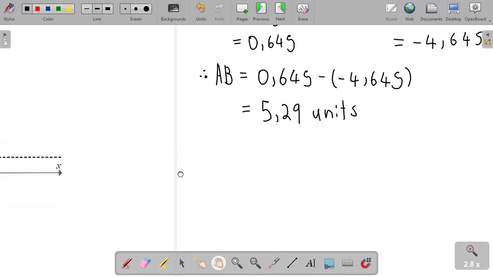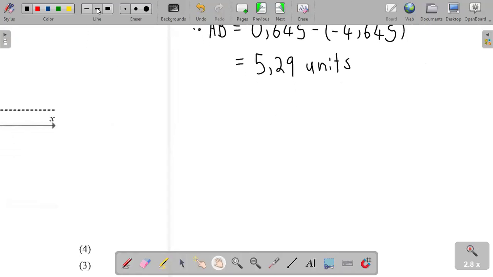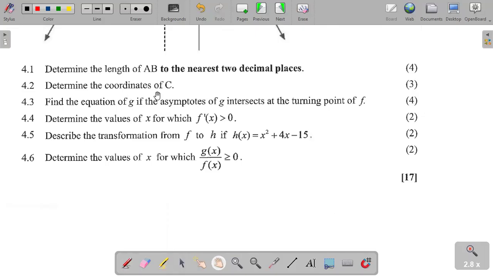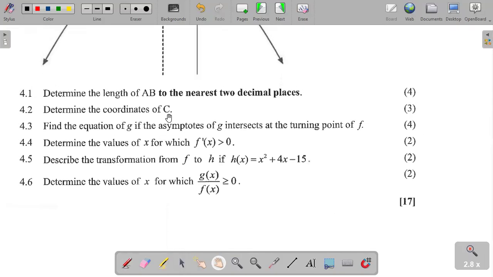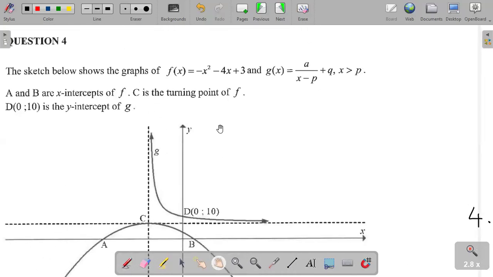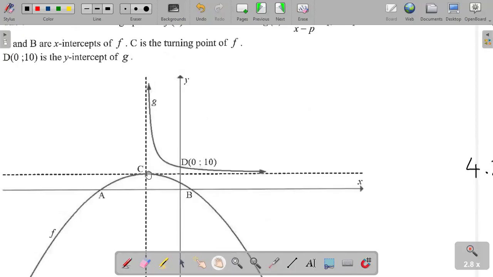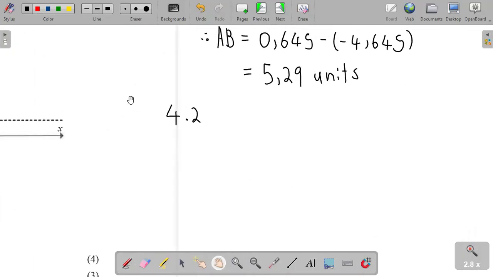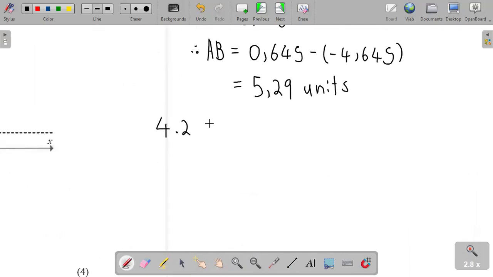Okay. So we go to 4.2. What are we required to find here? So 4.2, let's say determine the coordinates of C. C is the turning point, isn't it? If it's a parabola like this, we know how to get the x coordinate, isn't it?